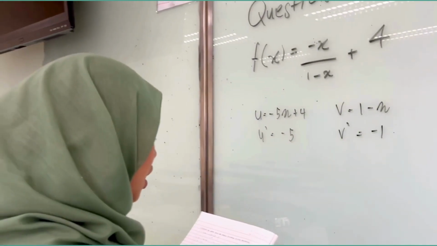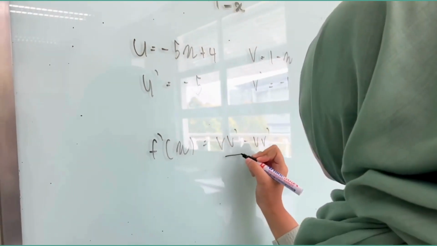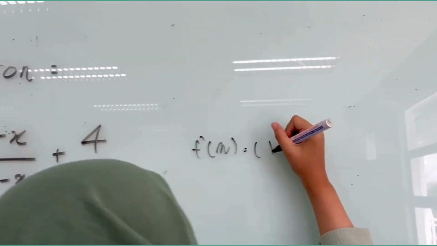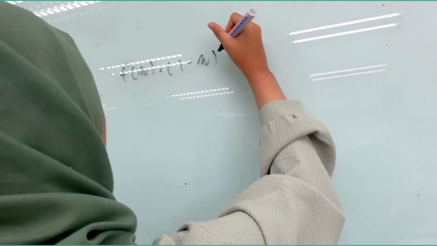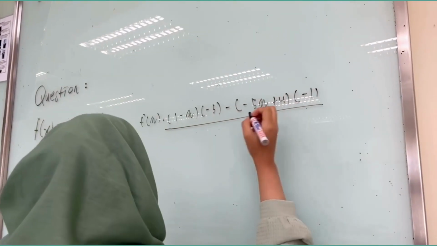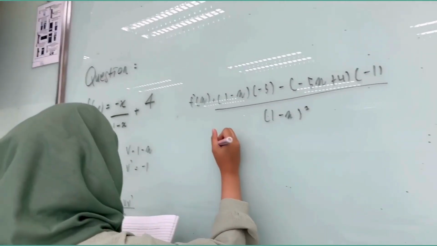So we want to use the quotient rule to find the f prime, with v squared in the denominator.